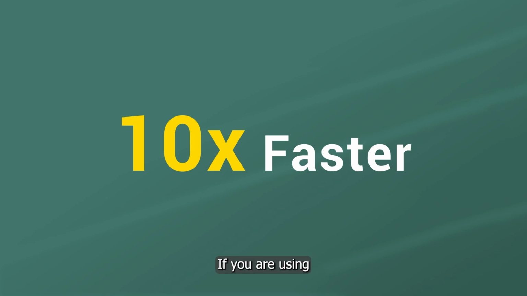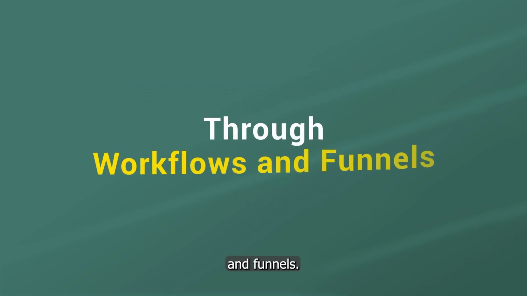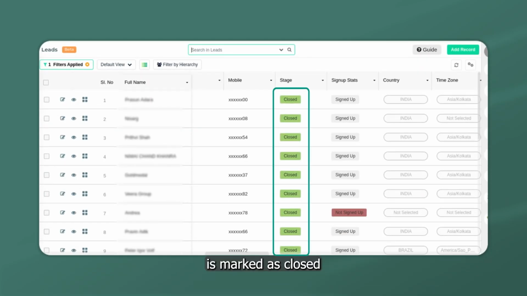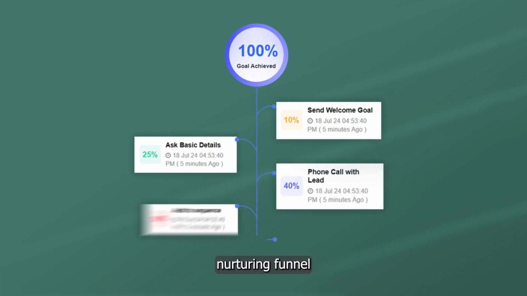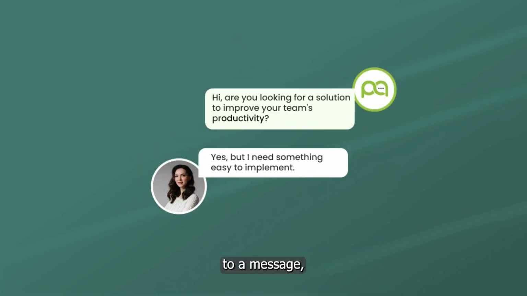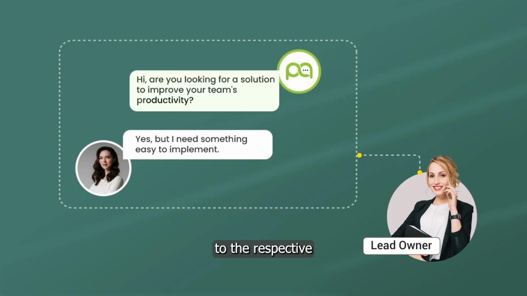If you are using Picky Assist Conversational CRM, chats can also be assigned through workflows and funnels. For example, when a lead status in the CRM is marked as closed, you can assign the chat to the service delivery department. In a conversational lead nurturing funnel, when a prospect responds to a message, the system can automatically assign the conversation to the respective lead owner.